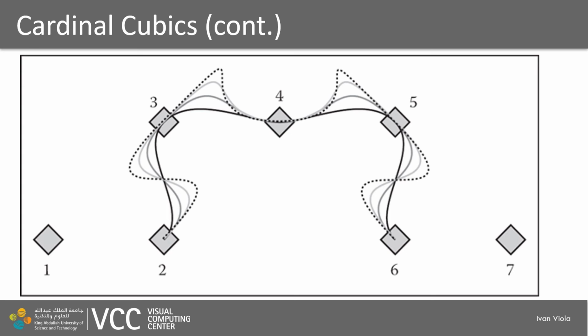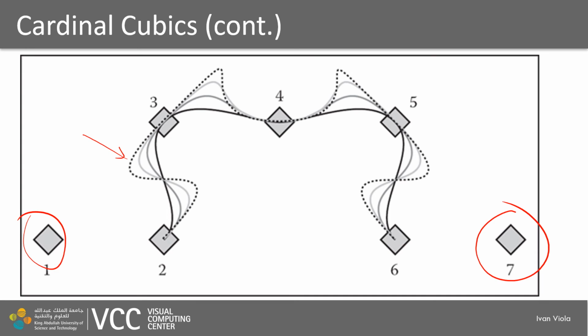We can see in this image how the cardinal cubics look. We see that they do not interpolate the first and the last endpoint, and the segments in between are defined to be more or less smooth depending on the values of this tangent parameter t, which they have in their definition.